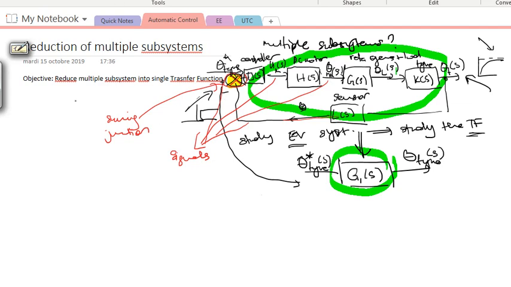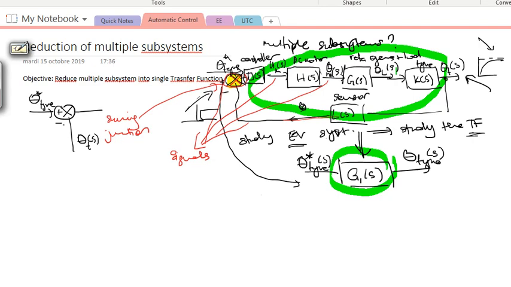For example, in this particular example, we have theta star tire, and then we have a summing junction with a plus and a minus sign, and on the lower side we have, let's say, theta T(s).